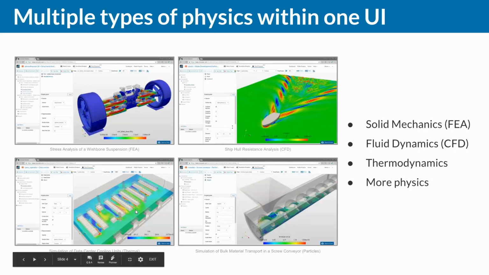And then thermal, we've got conduction, convection, radiation, then a couple of more exotic physics, such as particle phenomena, so bulk flow simulations, bulk material simulations. So bottom line, it's not just CFD that we're going to look at today. Every customer gets access to the full range of physics.